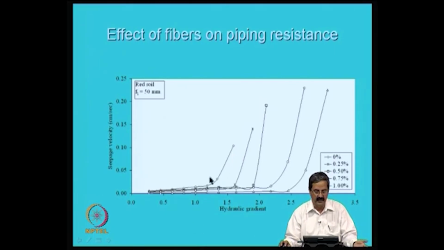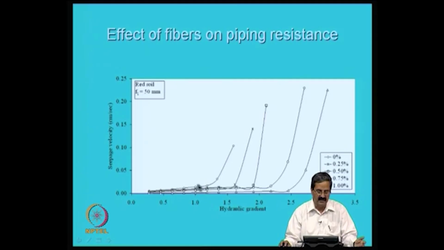When you allow the water from the bottom, there is seepage, and then the whole material failed, in the sense that a lot of seepage came out of the sample. Initially the seepage was very low, after that seepage suddenly increased because the piping resistance is overcome.